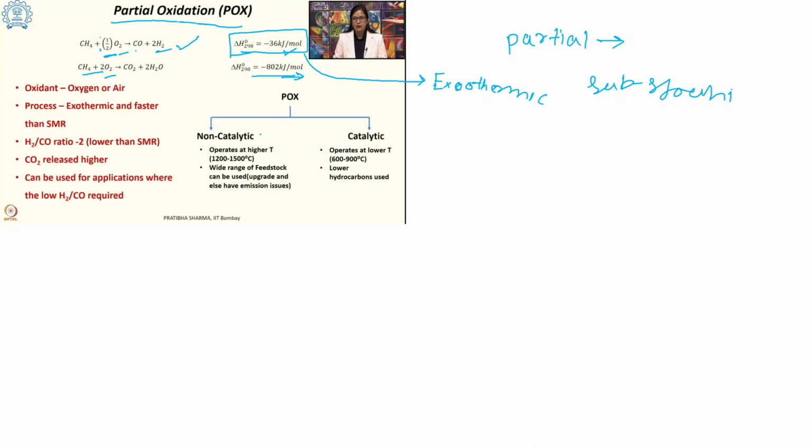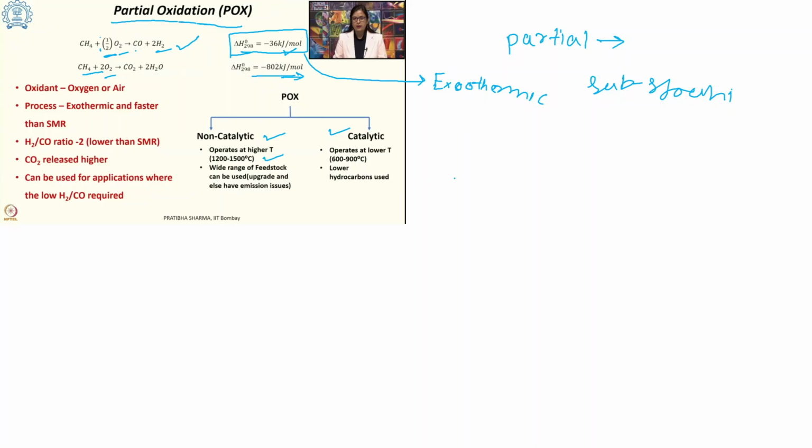There are two types of partial oxidation process: non-catalytic and catalytic. In the non-catalytic process, as the name suggests, no catalyst is used, so obviously higher heat is required.